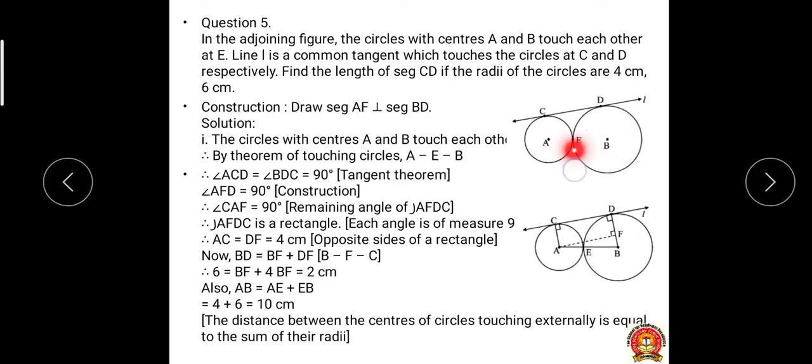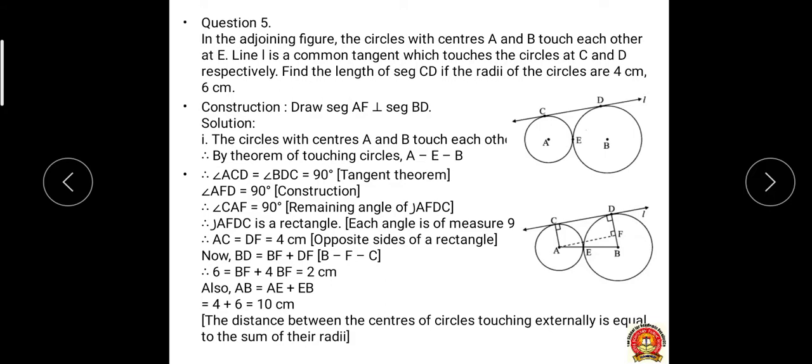E is the touching point of the circles, which are touching externally. This tangent touches circle A at point C and the second circle at point D respectively. We have to find the length of CD.